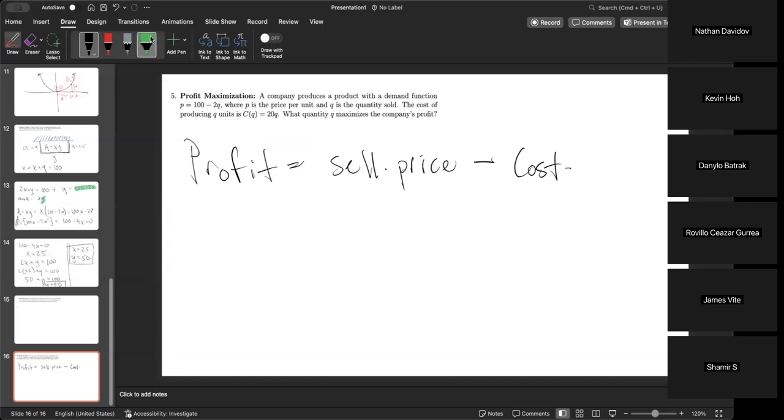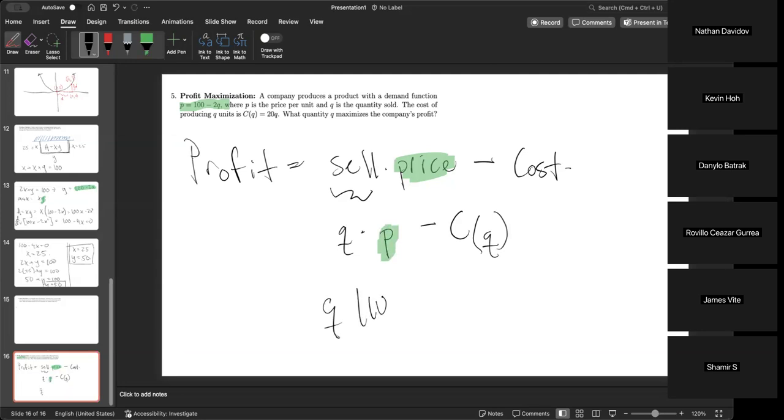Sorry, P is the price. Q is the quantity sold. So this is Q times P minus the cost, which is C of Q. But what is P? P in terms of Q is 100 minus 2Q. And the cost is just 20Q.